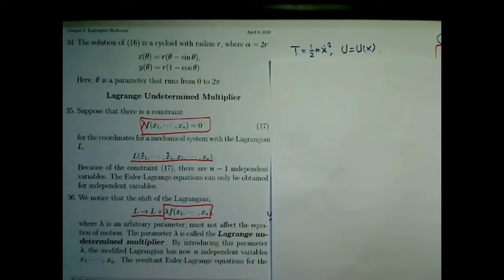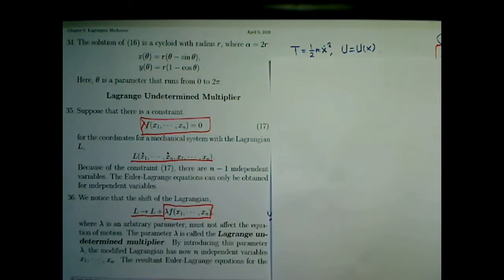However, because of the constraint, the independent variation of the coordinates is only for n minus 1 variables instead of n variables. If we stick to the independent variation of the variables, the final result for the Euler-Lagrange equation may be wrong. So in order to solve this problem, we introduce the Lagrange undetermined multiplier.